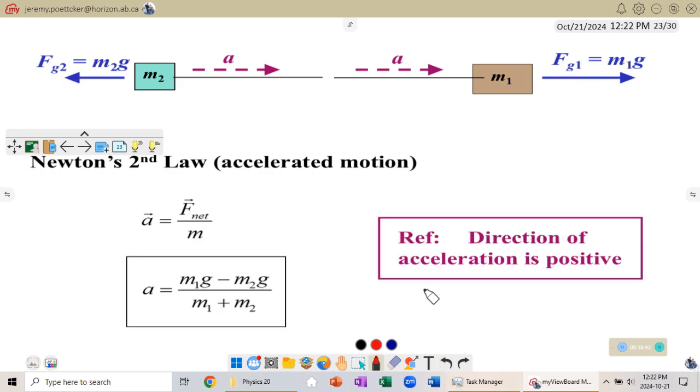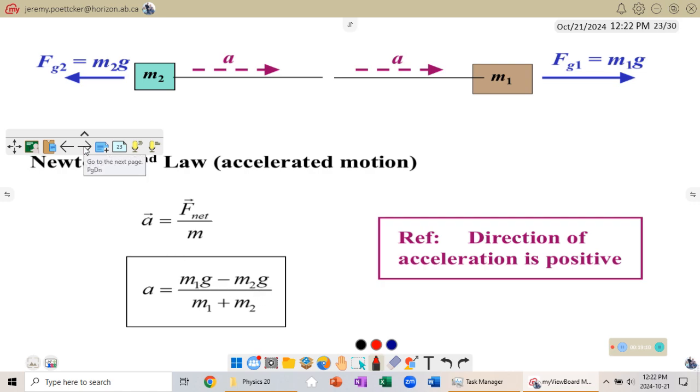And so it works out, once we start putting numbers in, to m1g minus m2g, all divided by the total mass of the system. So if you're not liking the 2's, I'm sorry, but you're going to have to get used to using subscripts, because otherwise we have a whole bunch of m's that we really are not sure what we're doing anything with.